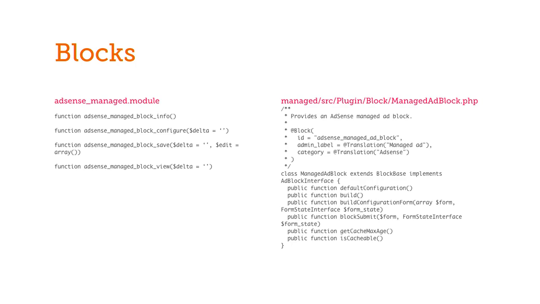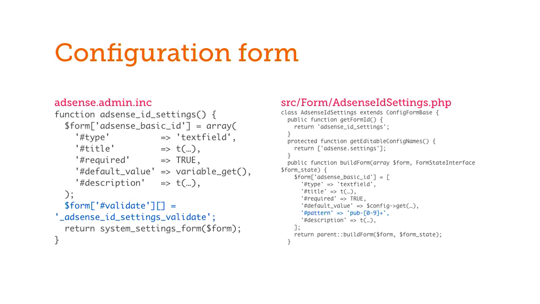You have the build configuration form, which is to configure your block. And build, which shows the content of the block, and it should return a renderable array. This is how blocks look nowadays.